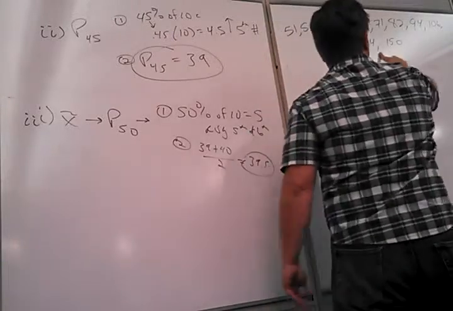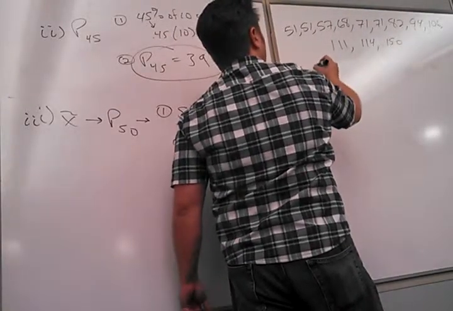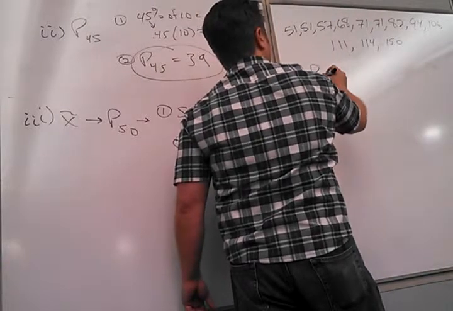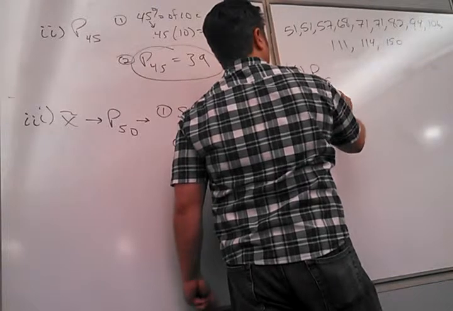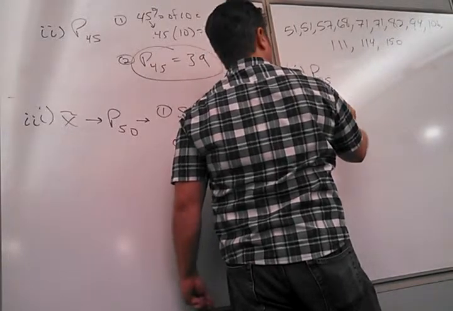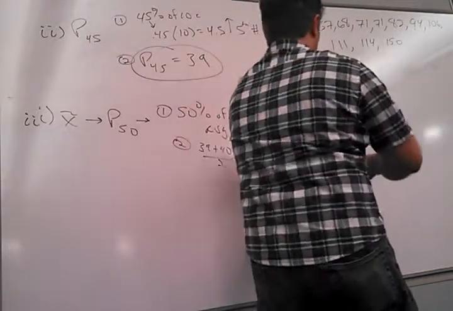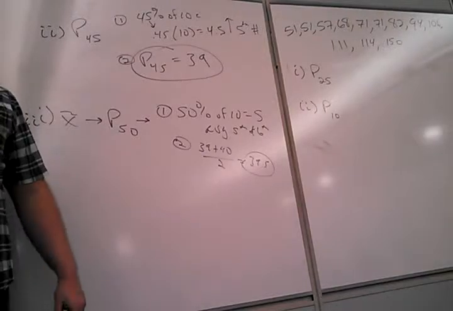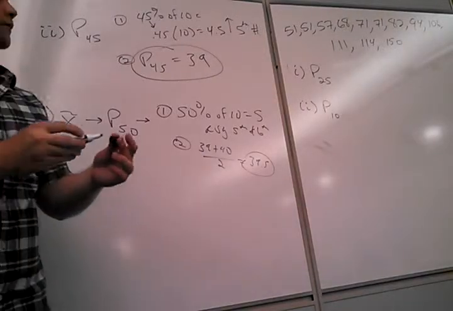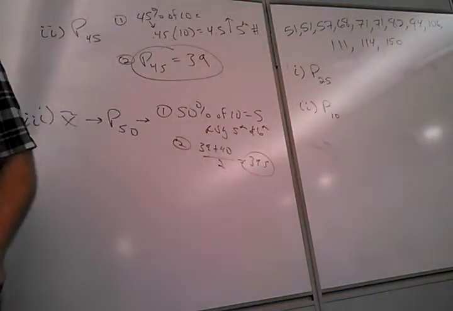That's pretty good. I want you to find P25, P10. Let's do those 2. Be really careful. What's really nice about the lists that I'm giving you? They're already in order.